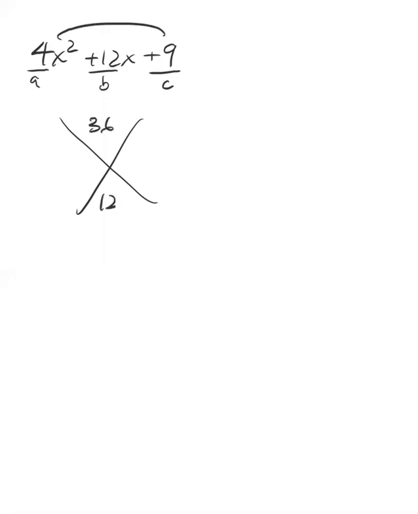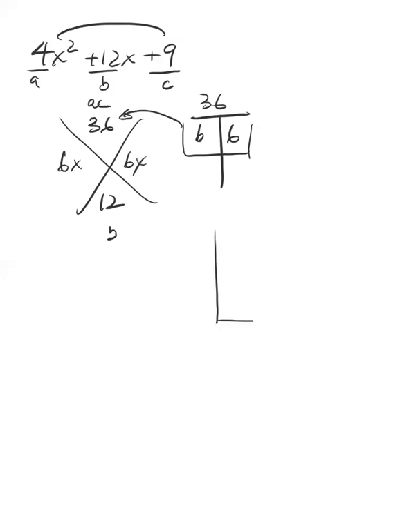This is positive 12. Okay, so we just did this. If both of these are positive, then that would be good, right? Because they would multiply to get me 36, and add and get me this 12 on the bottom.